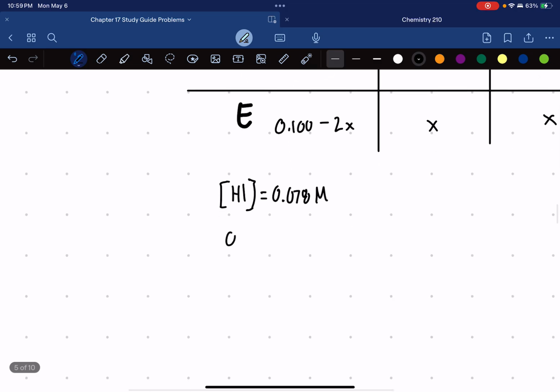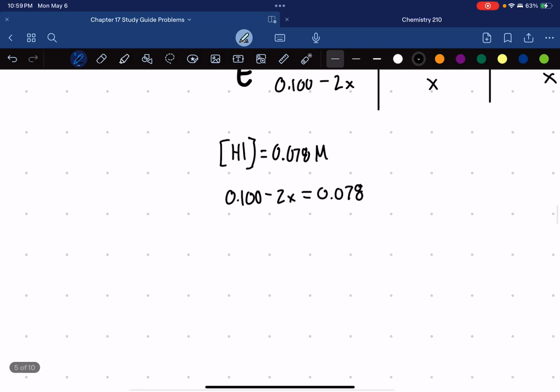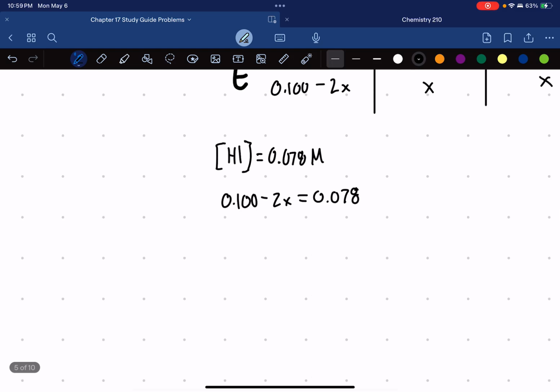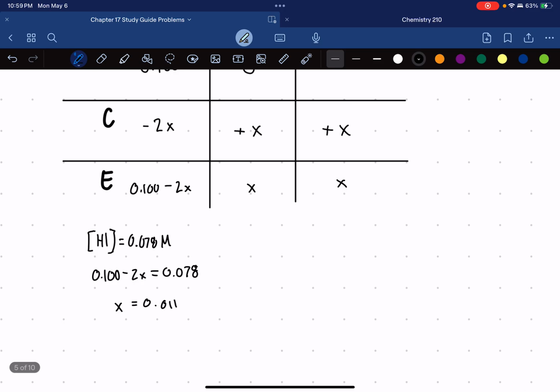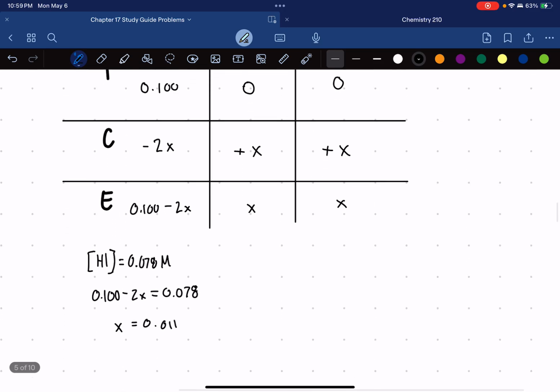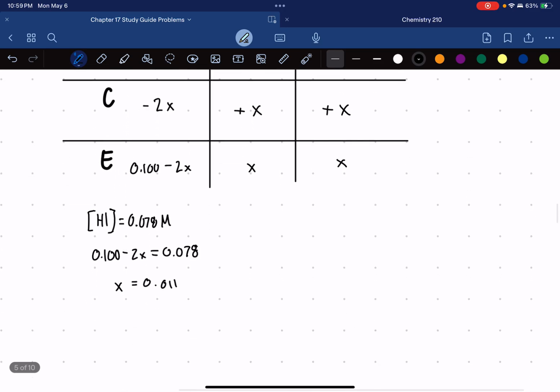This would give us, and then performing some algebra, we get that x is equal to 0.011. So now we can find our equilibrium values for H2 and I2 gas now that we know that our x is equal to 0.011 molar.